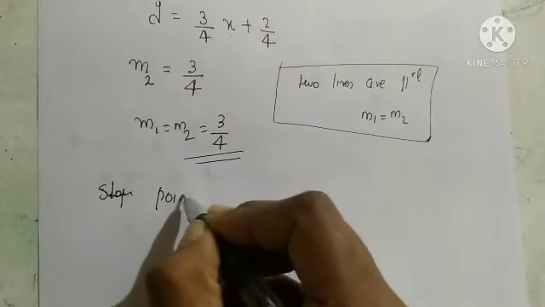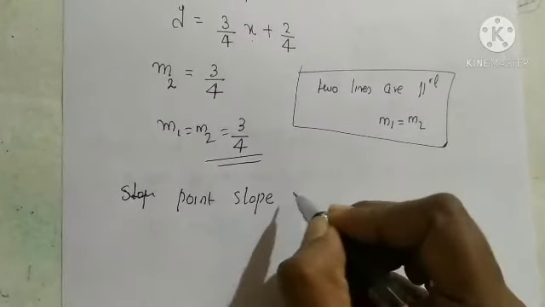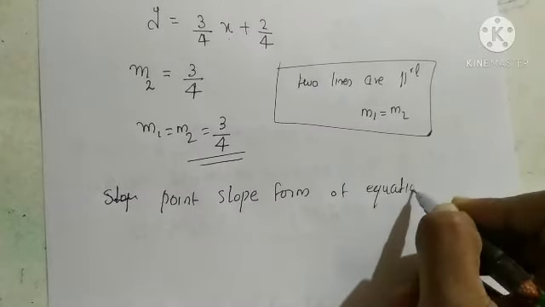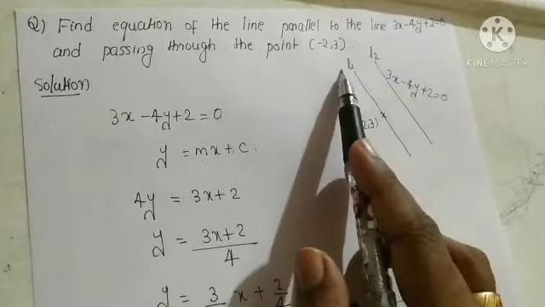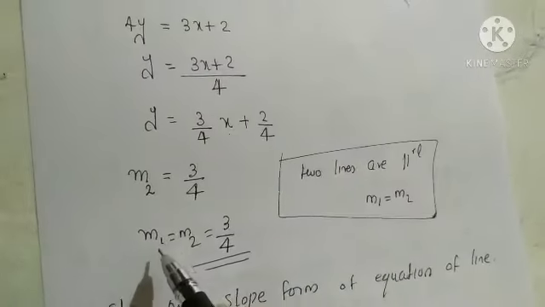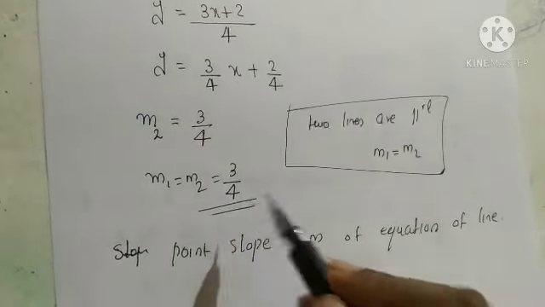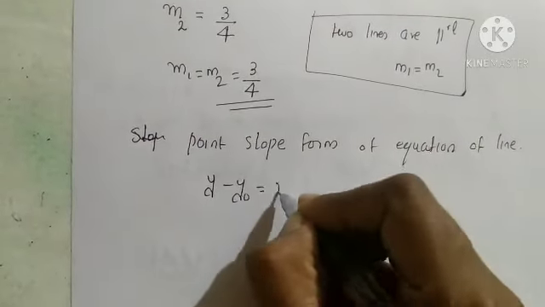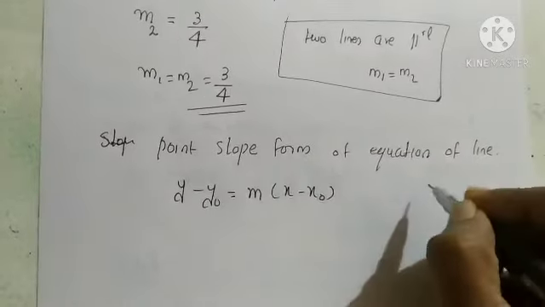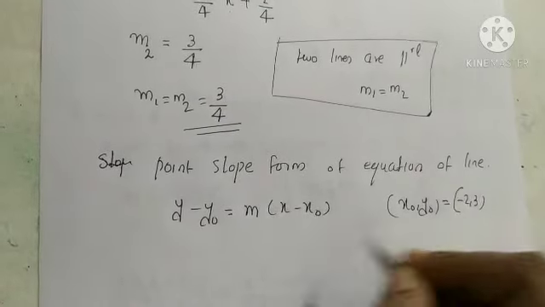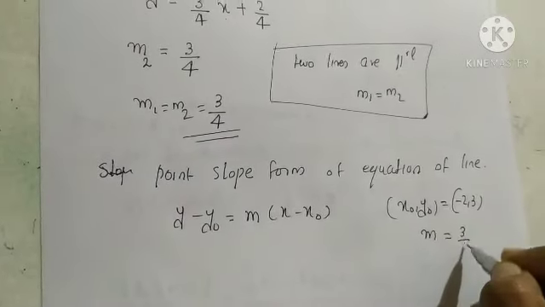Using the point slope form of the equation of a line, we can easily calculate the equation of line L1 because one point is given and the slope we have calculated now. So the point slope form is y minus y naught equal to m into x minus x naught. The point given is (minus 2, 3) and the slope we get now is 3 by 4.